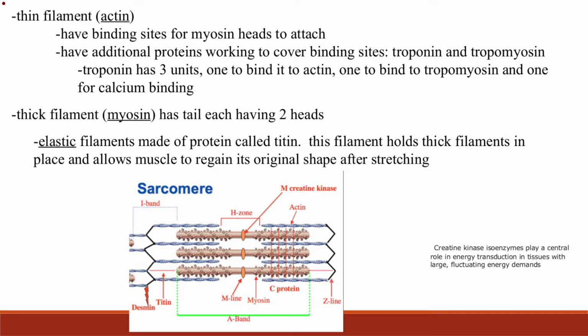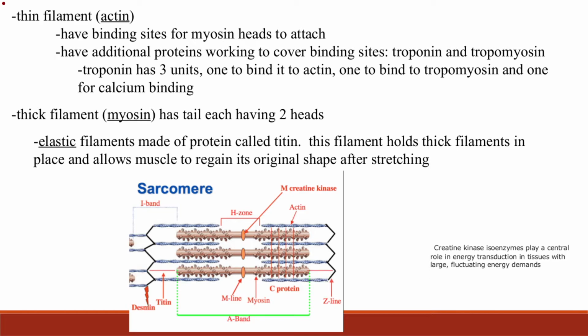So then the thin filament we already said is actin. The actin has binding sites for myosin heads. Those binding sites are typically covered when the cell is at rest. So they have some proteins covering them. There's a long spiraling protein surrounding the actin called tropomyosin.